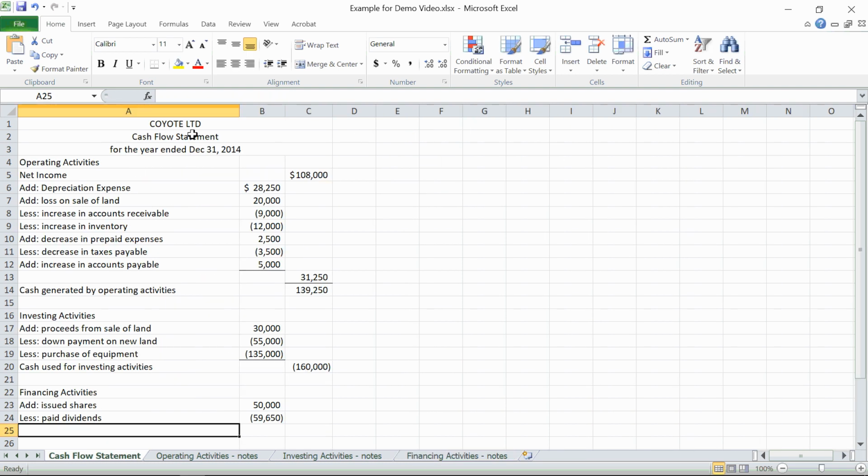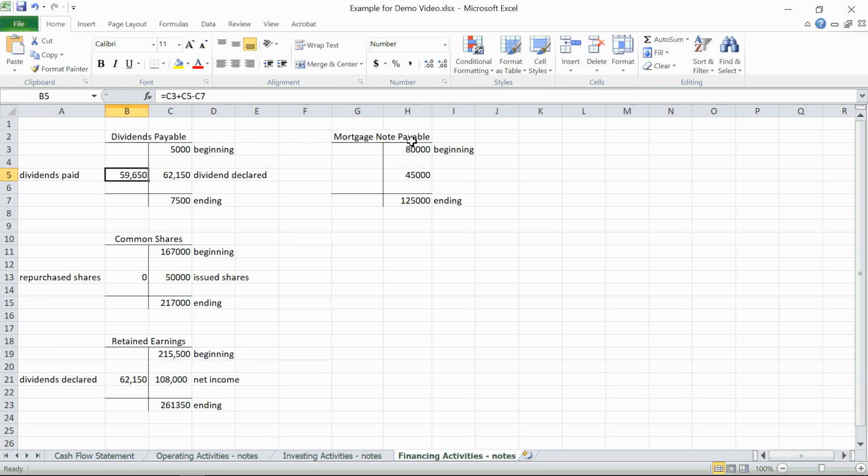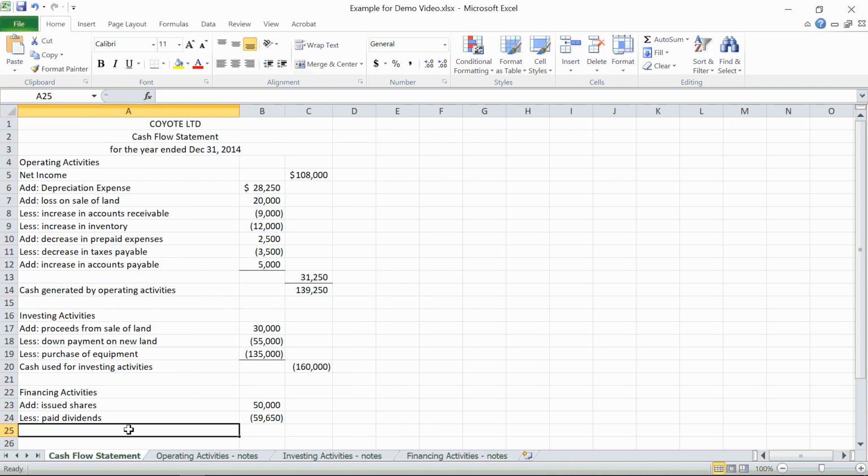And so I've now dealt with my long-term liability, my shareholders' equity, and my dividends through two accounts, the combination of retained earnings and dividends payable. So I've now dealt with the change in every account on the balance sheet except for cash.